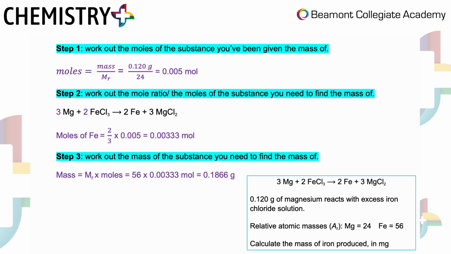So going back to the information, if you haven't been doing so, the relative atomic mass of iron is 56 times the number of moles, and we get an answer of 0.1866 grams. However, remember, looking at the information still, we're calculating the answer in milligrams, so we need to do a conversion. Times that by 1,000 and you have your answer. How did you do?